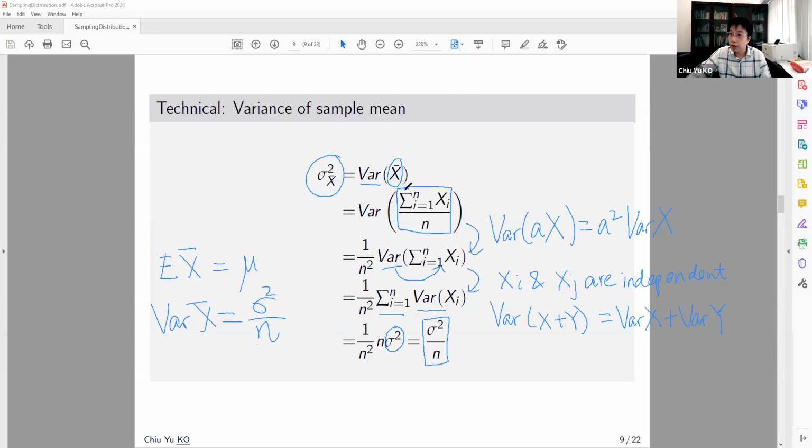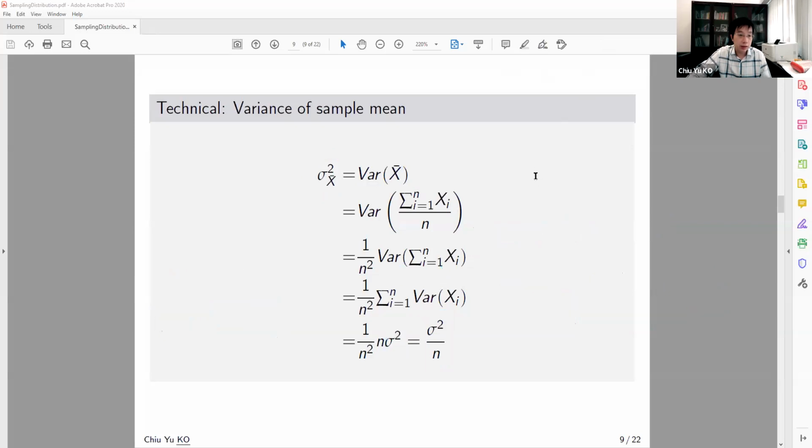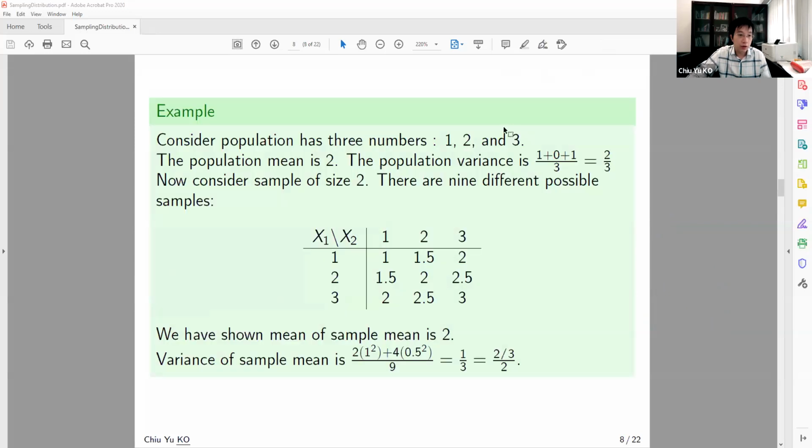So I hope now you're ready for the example where 2 and 4 come from. Someone asked me the question, let me go to the previous slide, where 4 comes from. So the sample mean is 2, we have 9 of them, okay?